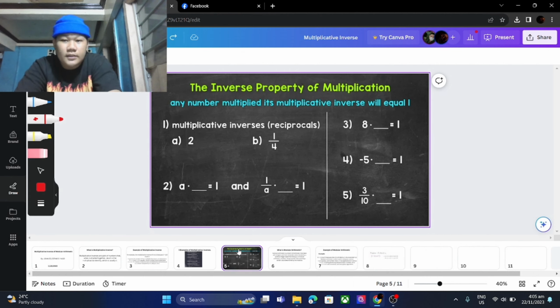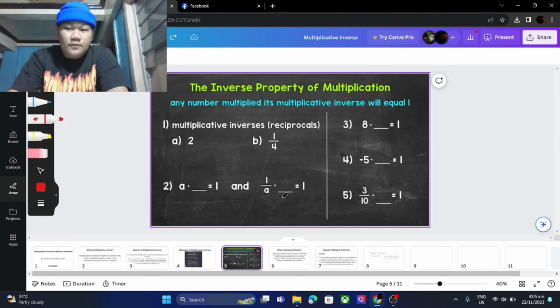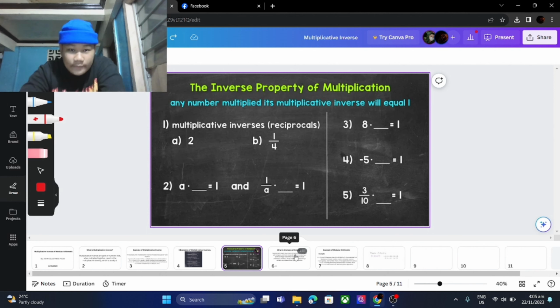The inverse property of multiplication: any number times its multiplicative inverse will equal 1.